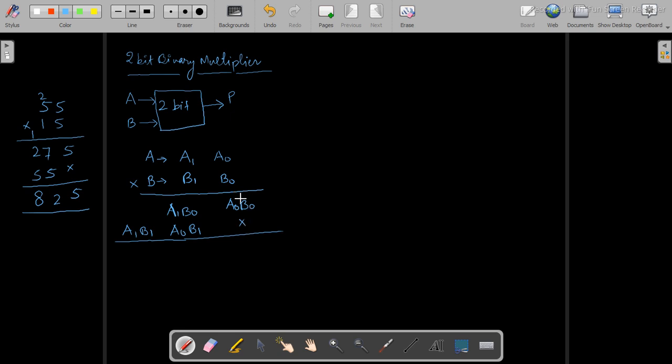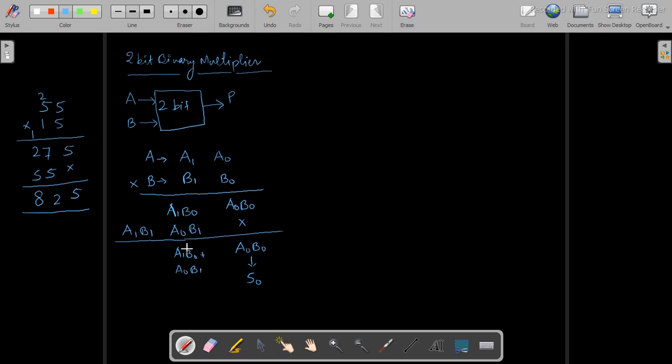After adding, we'll get the sum. For this one, we'll get A0 B0. So I can write here, this can be represented as S0, the sum for this number. A1 B0 plus A0 B1.